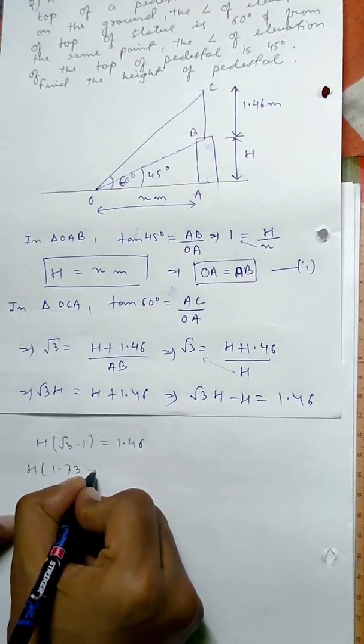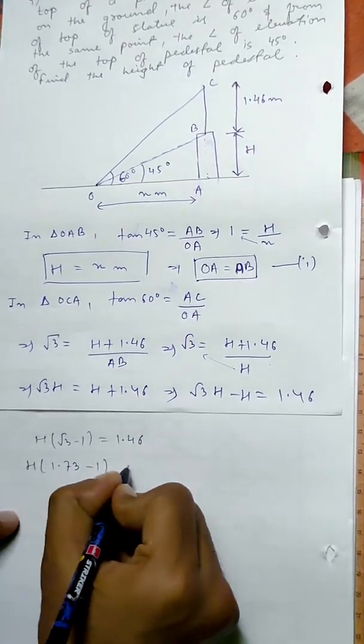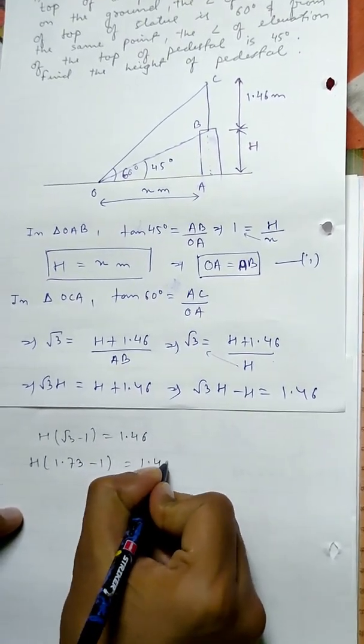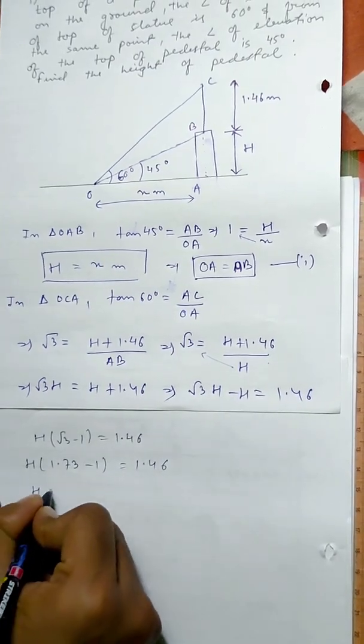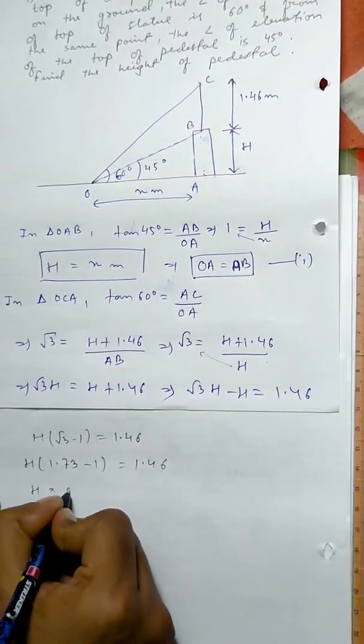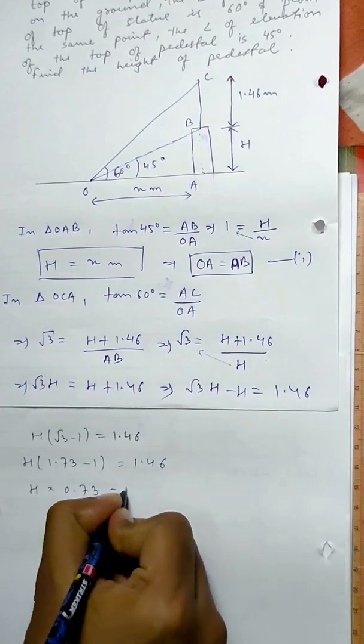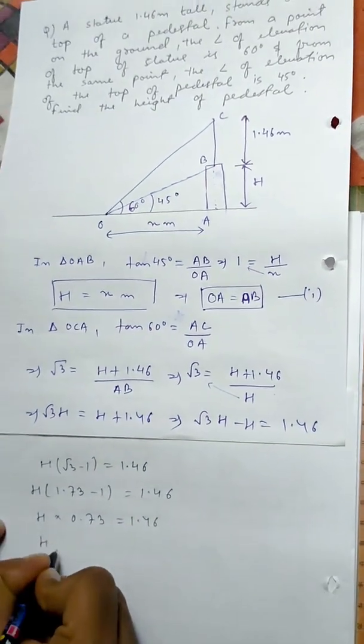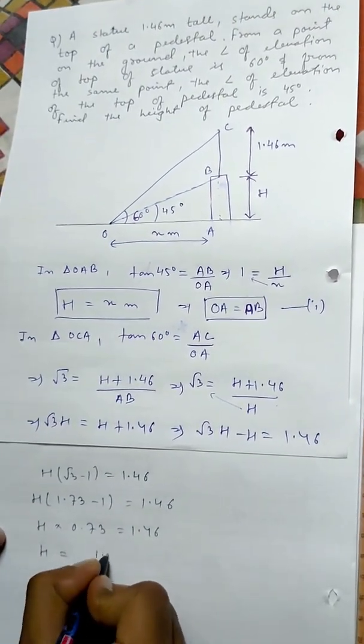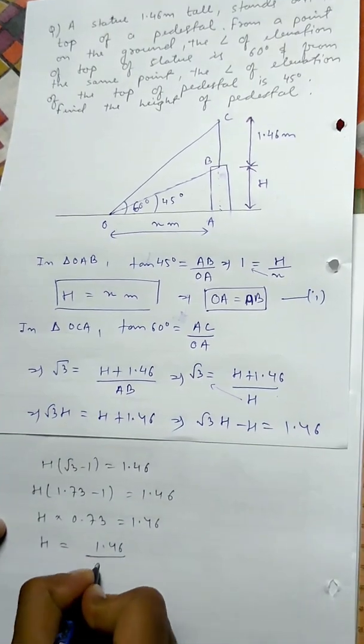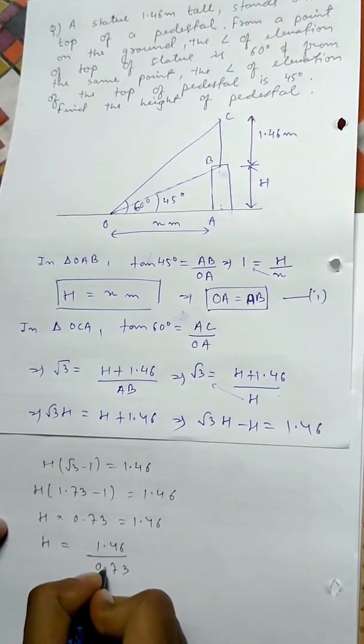Minus 1, that is 0.73. So H equals 1.46 divided by 0.73.